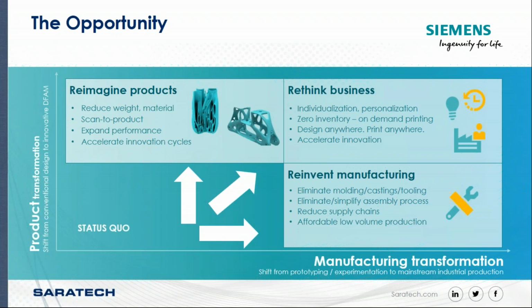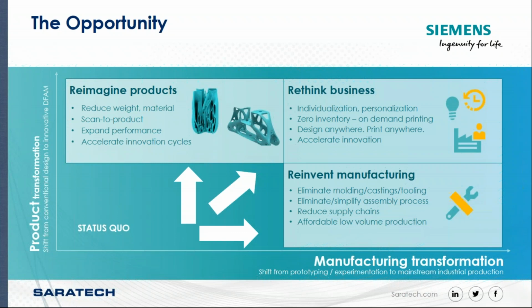And when they've thought about reimagining their products and how they can reinvent their manufacturing, then they can move to the very next level, which is rethinking how they do their business. Additive manufacturing brings about things like zero inventory. Can I print this close to the point where I need it, so that I don't have to have a whole warehouse of parts sitting there that I have to pay for?